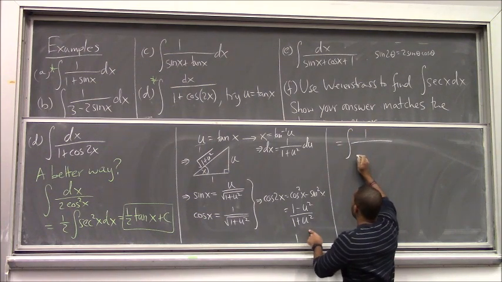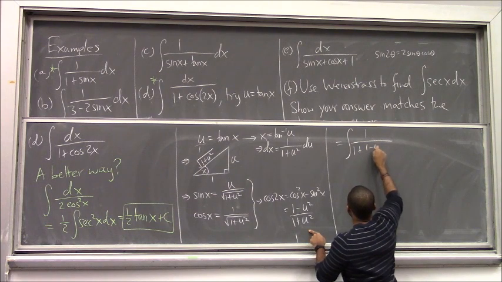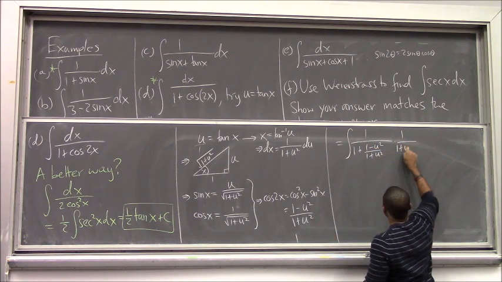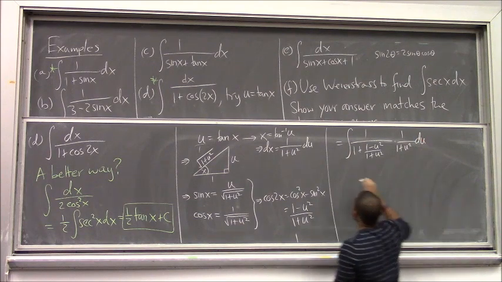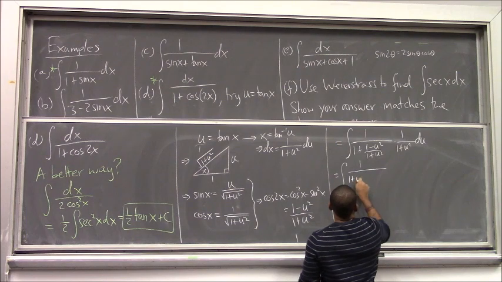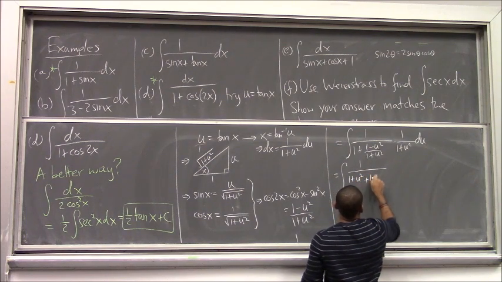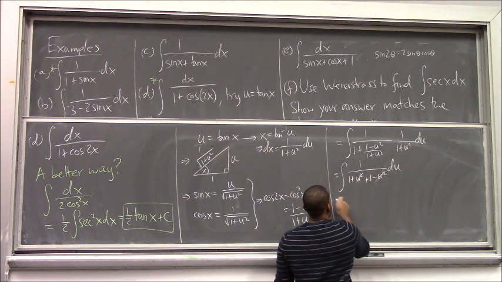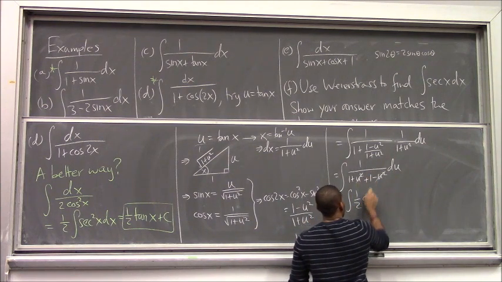Applying that to this integral, cosine 2x I'm going to replace with this, so it's 1 plus 1 minus u squared over 1 plus u squared, times 1 over 1 plus u squared. This is going to be 1 plus u squared plus 1 minus u squared, du. Those terms combine, so it's just an integral of 1/2 du.